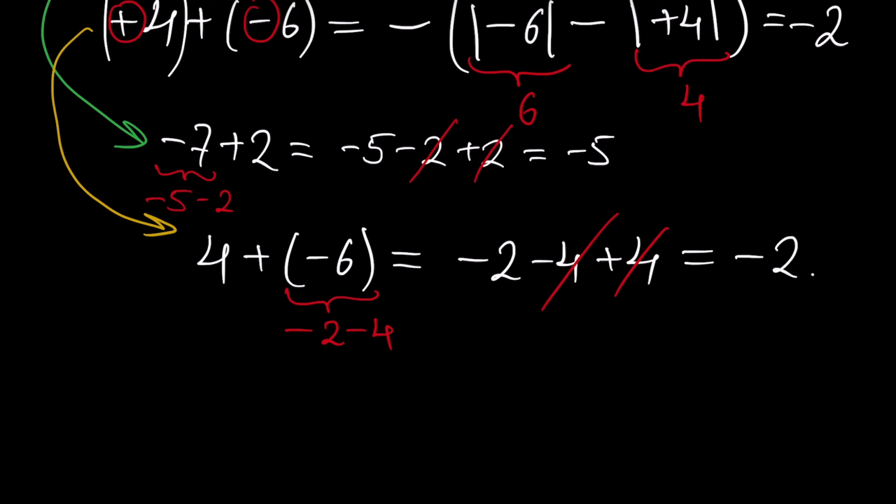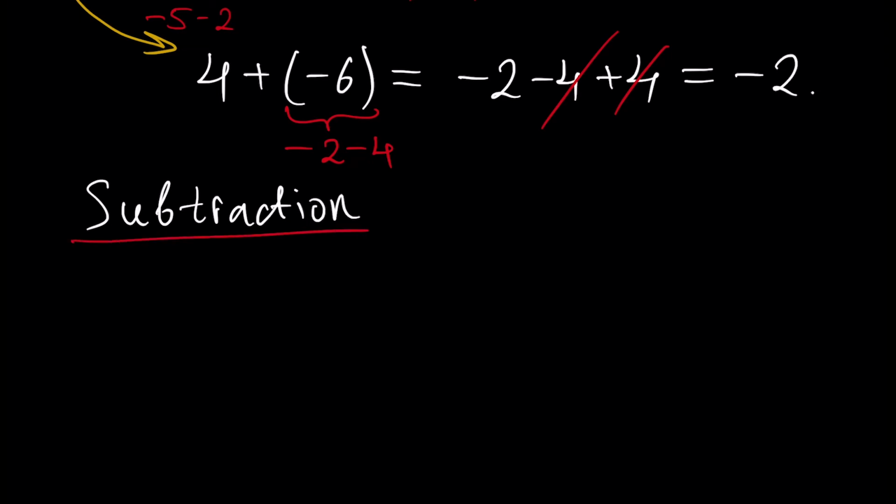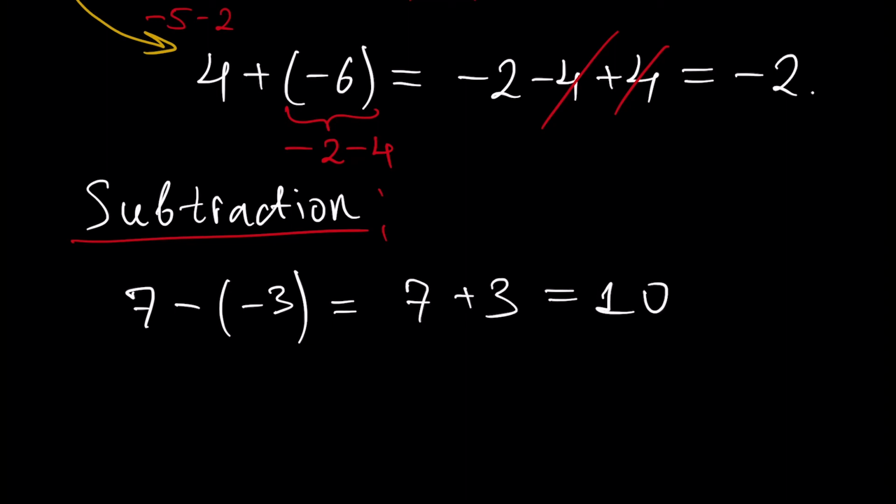What about subtraction? Any subtraction of numbers with any signs can be transformed into addition. For example, 7 minus minus 3 can be written as 7 plus 3, which is 10.